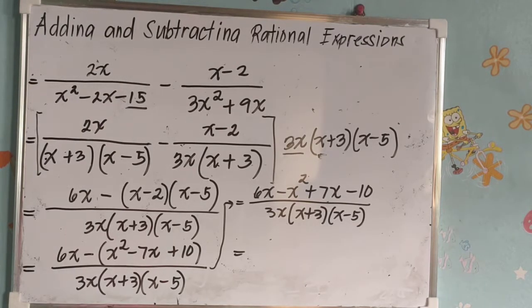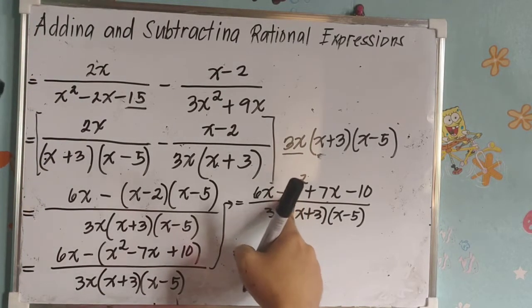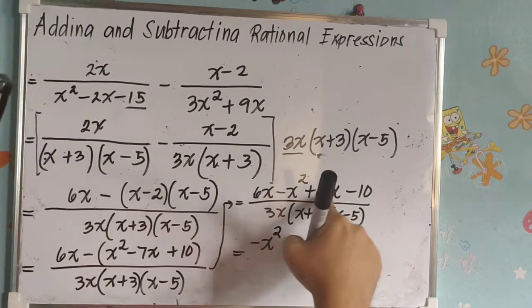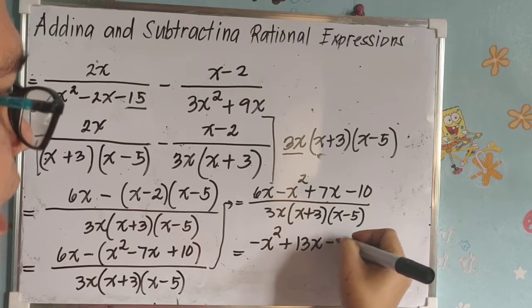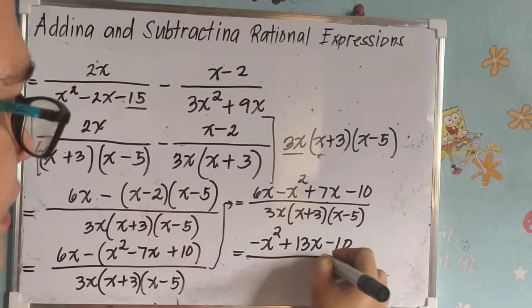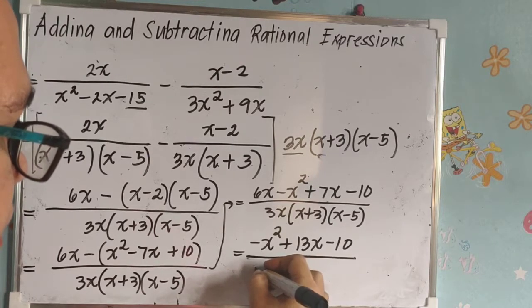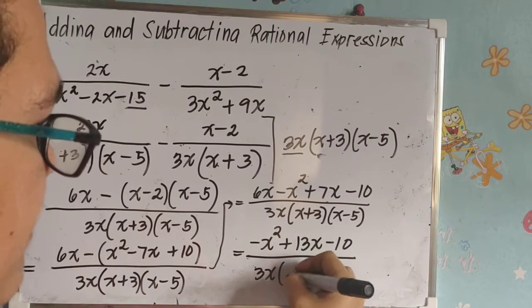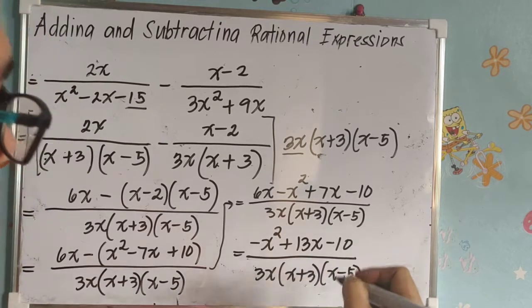And simplify further again by combining like terms. So we have negative x squared, 6x and 7x, so we have 13x minus 10, all over 3x times the quantity x plus 3 times the quantity x minus 5.